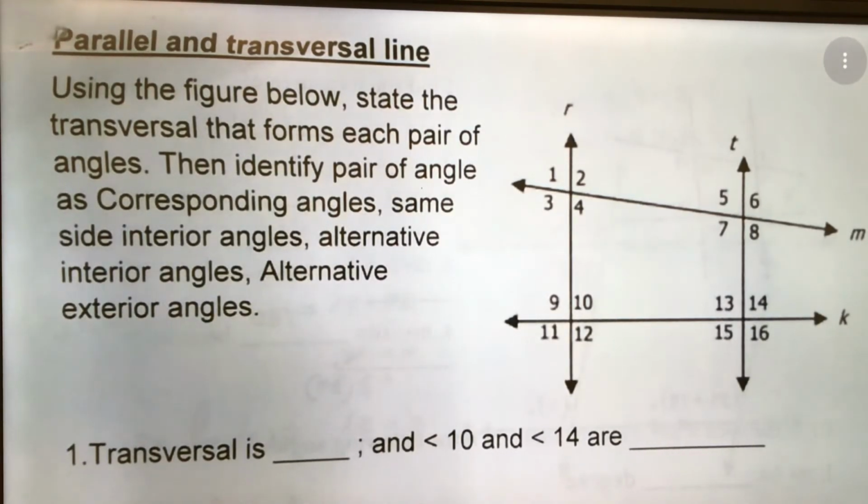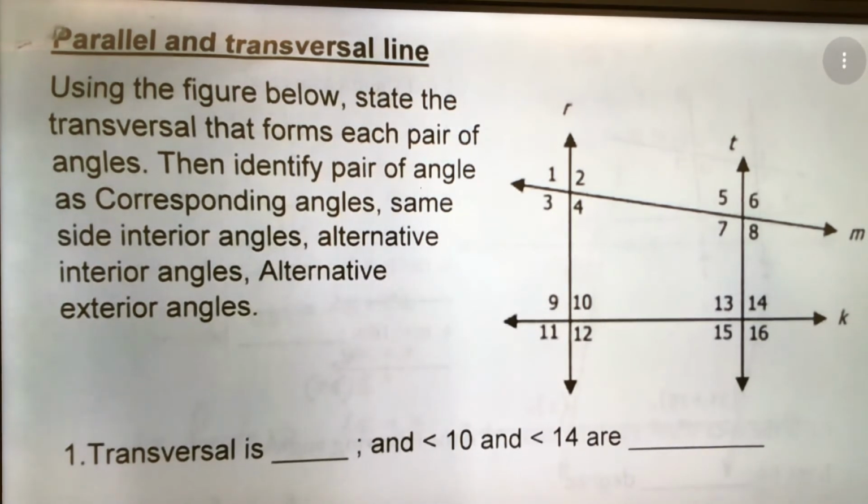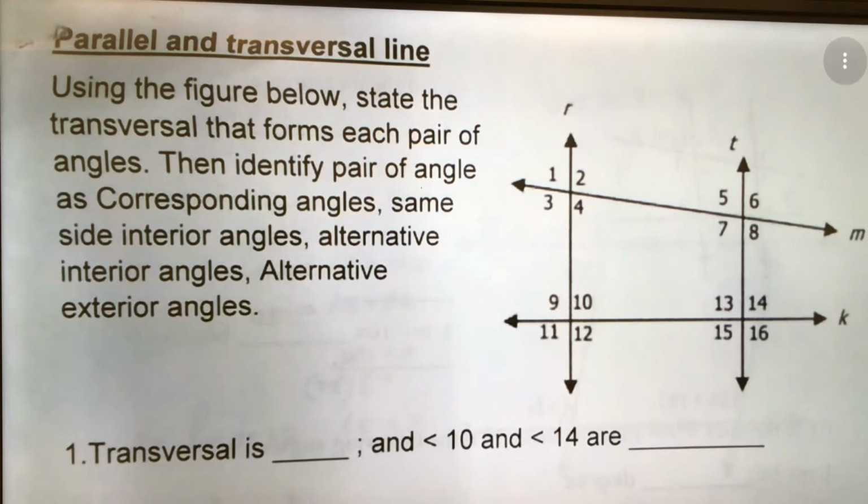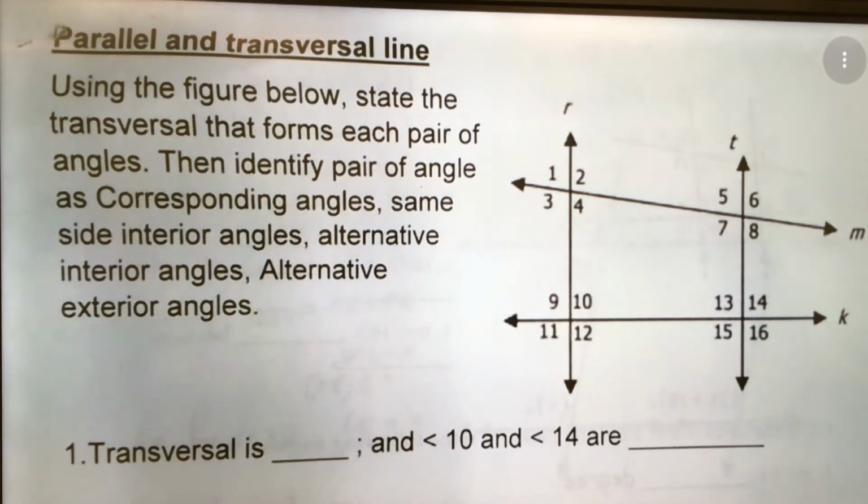Here are the last few questions I would like to discuss with you about parallel lines and transversals. In this question, you are asked to identify the transversal line and then identify what type of angles the pairs of angles are.